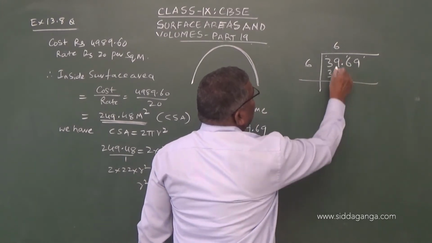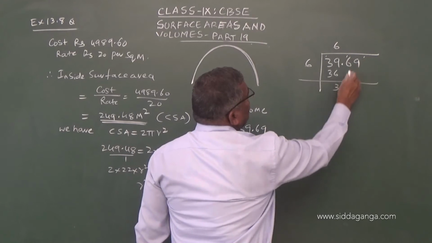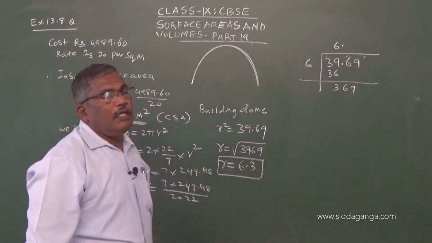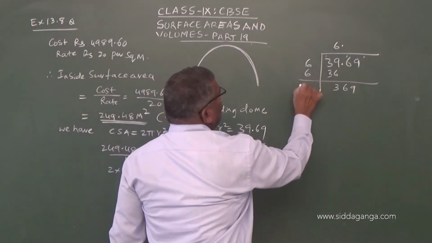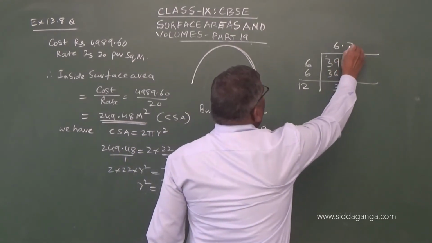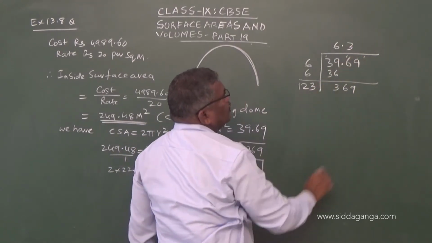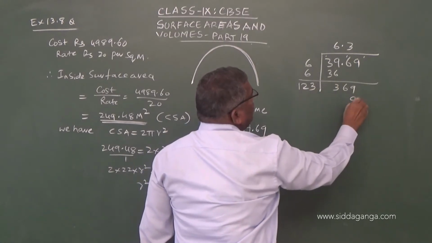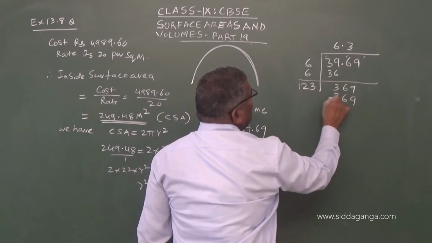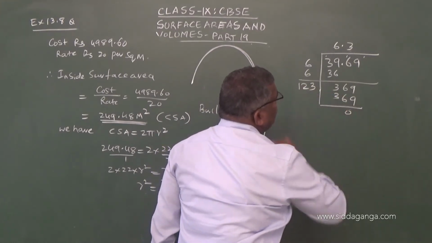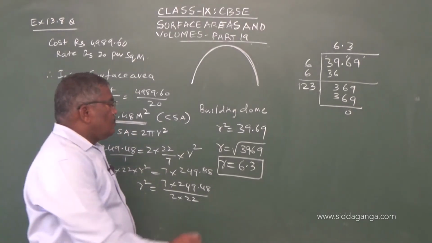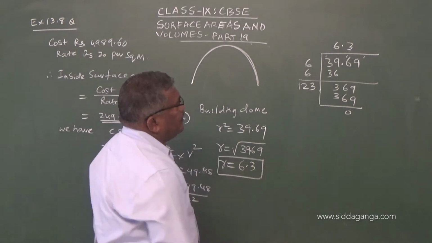Take down 69, put a decimal, add 6 to 6 to get 12. Put 3 here and 3 here also. 3 3s are 9, 3 2s are 6, 3 1s are 3, and the remainder is 0. This is how we calculate the square root. So we got the radius.